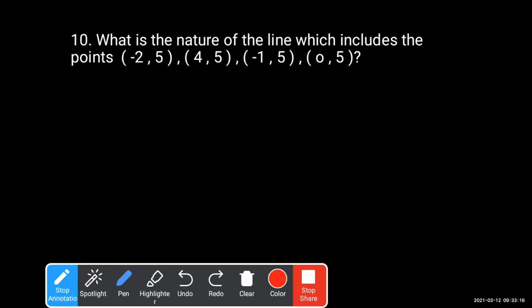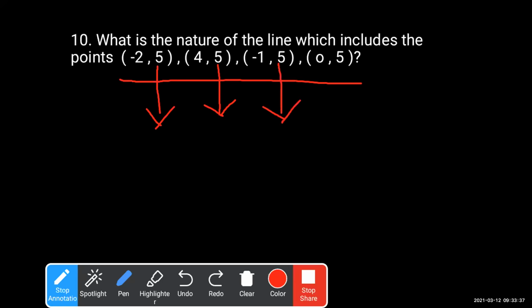So now let us see. If you look at every point, the y coordinate is common. The y coordinate is common in every point.